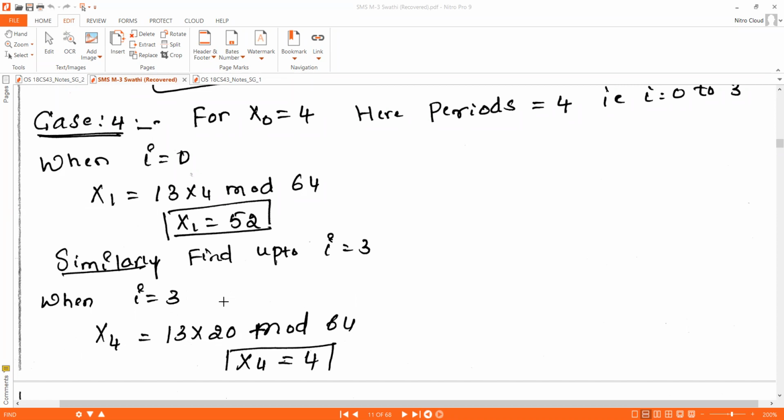The x3 value we calculated when i equal to 2, we got x3 as 20. That 20 I am substituting here: 13 into 20 mod 64. 64 is the m value, also given in the problem. 13 into 20 mod 64, we will get 4.